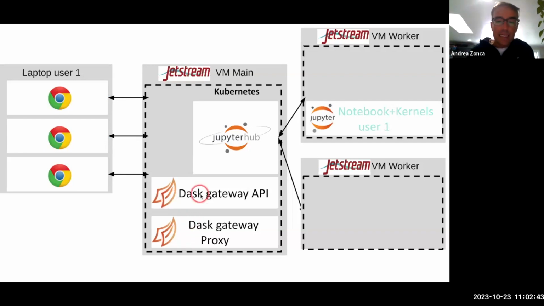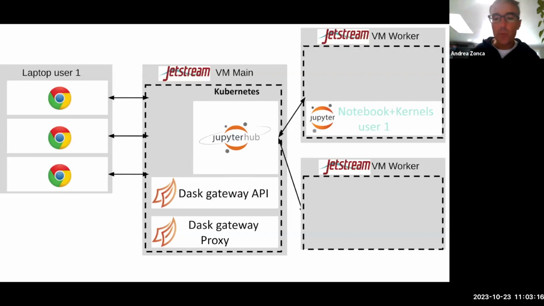Dask Gateway is another service that runs on a container on our Kubernetes infrastructure. I've deployed this service, which is something the administrator of the deployment does. From the user's perspective, from your notebook you connect to this service and you ask for workers.